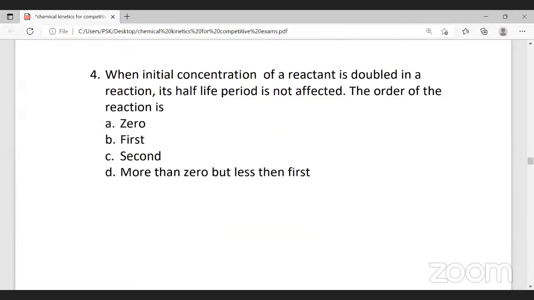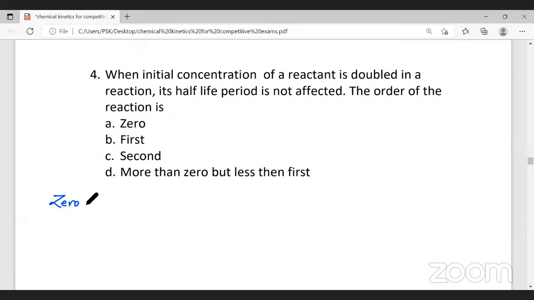When initial concentration of the reactant is doubled in a reaction, its half-life period is not affected. The order of the reaction is... We learned half-life period. What is half-life period? Half-life period is defined as time required for 50% completion of the reaction. For a zero order reaction, we have derived this.